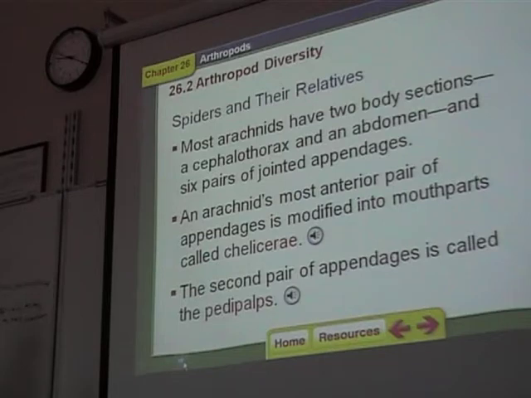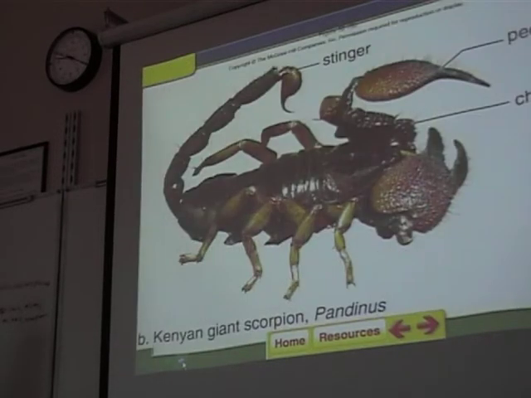Now, all spiders are carnivores. They eat living things. And this is not a spider, this is a scorpion. You can see the chelicerae, the little fangs in the front.